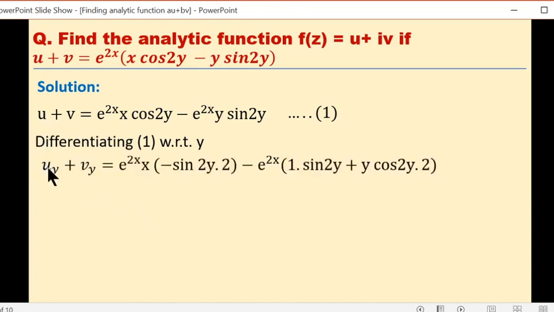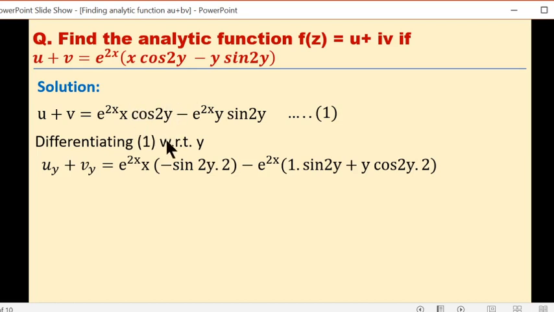Derivative of u with respect to y is uy plus derivative of v with respect to y is vy equal to. Now if you look at this particular expression, this term, e raised to 2x into x, does not contain y, so it will remain as it is. Only cos 2y will undergo differentiation.